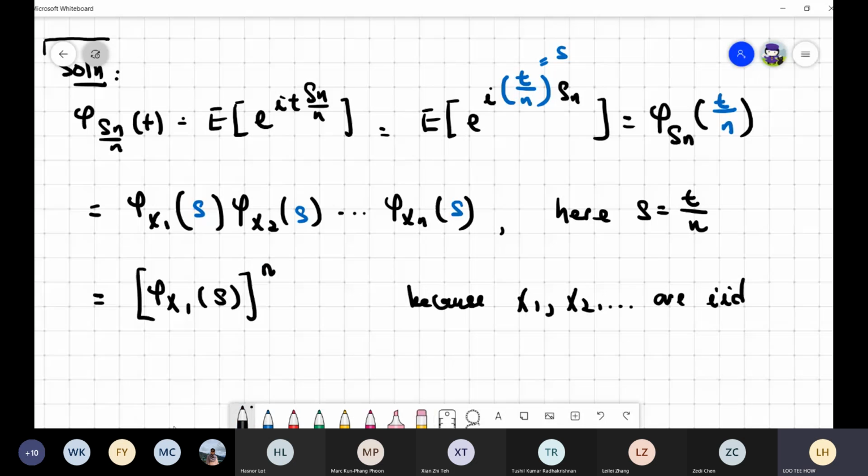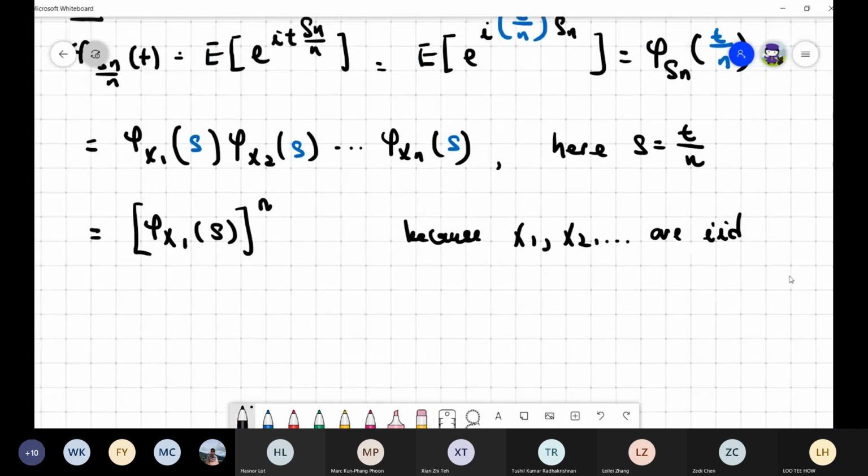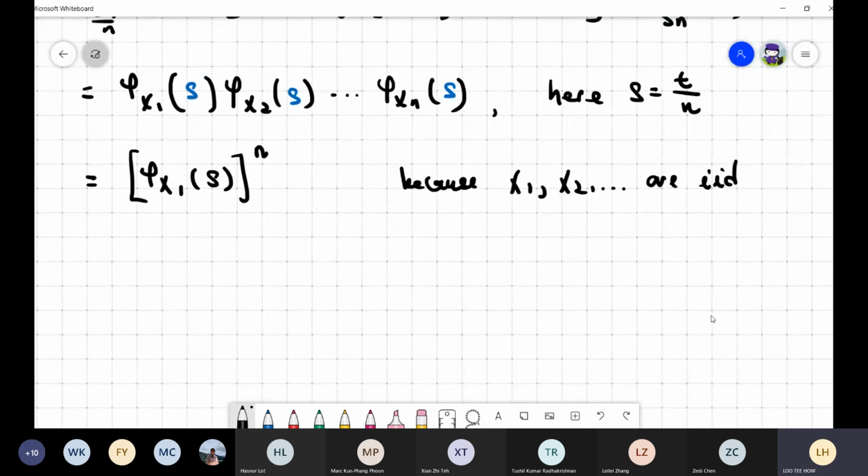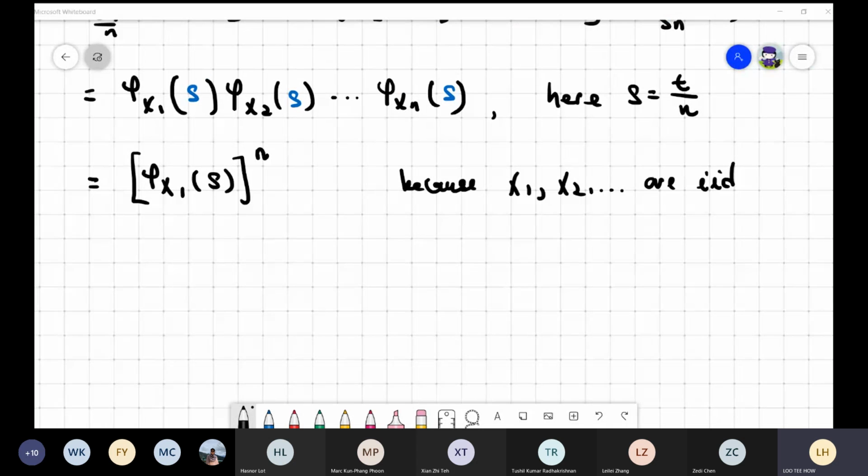Okay, next things. So maybe I cut and paste the formula once again since it's too far away. So just to put our formula once again. Okay, here is our formula.